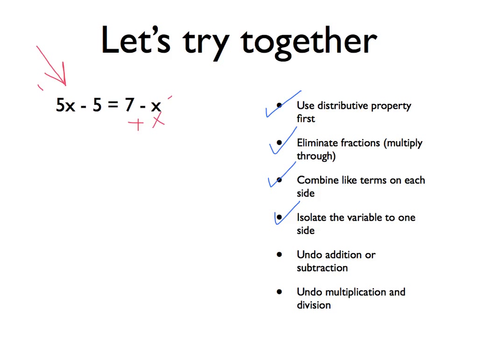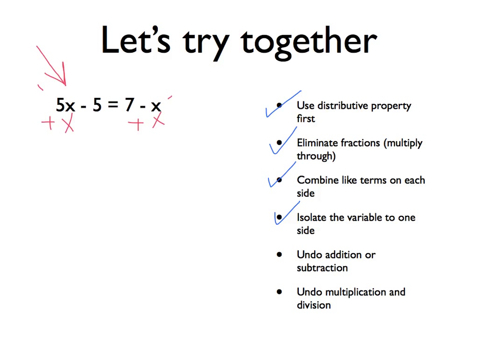That would make this negative x and positive x cancel out, and then I would no longer have x on the right-hand side of the equation. But I know that if I put a positive x on this side, I also have to put a positive x on the other side because equations are equal. We have to keep them balanced. Pause the movie and write your plus x and plus x on both sides of the equation, then press play to continue.